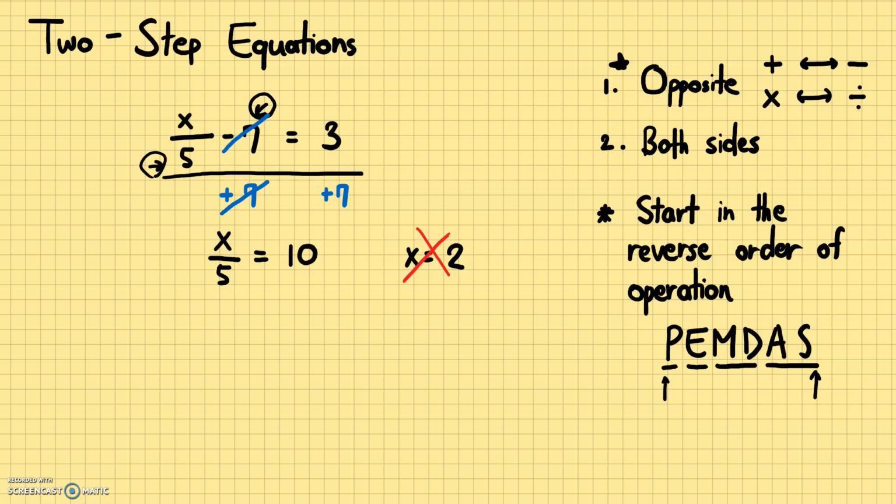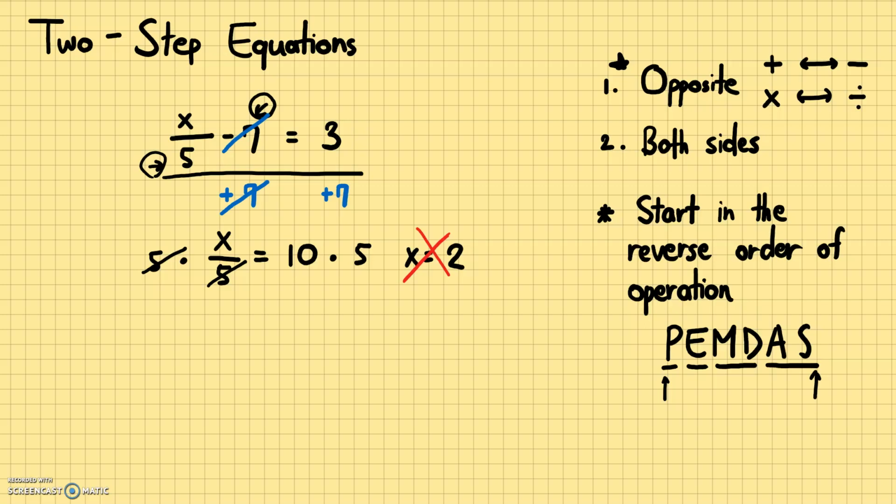So what is the correct answer here? Well, again, we need to do the opposite of what's being done. 5 is being divided here, so you need to multiply by 5 on both sides. I'm using a dot for multiplication so that you don't confuse it with x. So if you multiply by 5 and then divide by 5, those two will cancel.